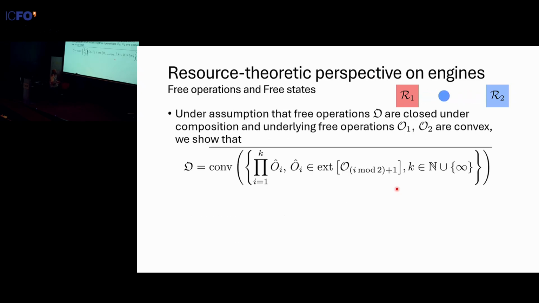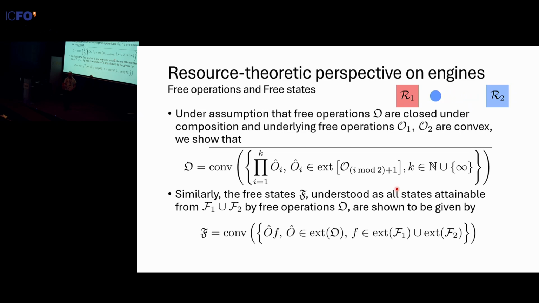Who knows? Now, these are mostly formal results that are useful in terms of assumptions about what constitutes the free operations. It is enough to consider strokes that are subsequent, and that in each stroke we are using only extreme operations of the underlying resource theories, and the full set of free engine operations is simply the convex closure of such a set.